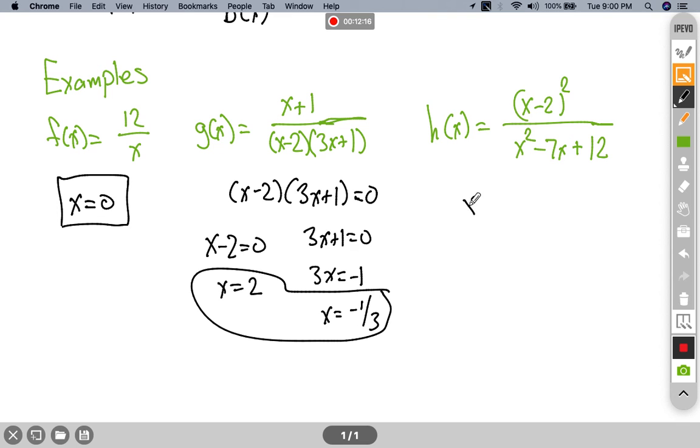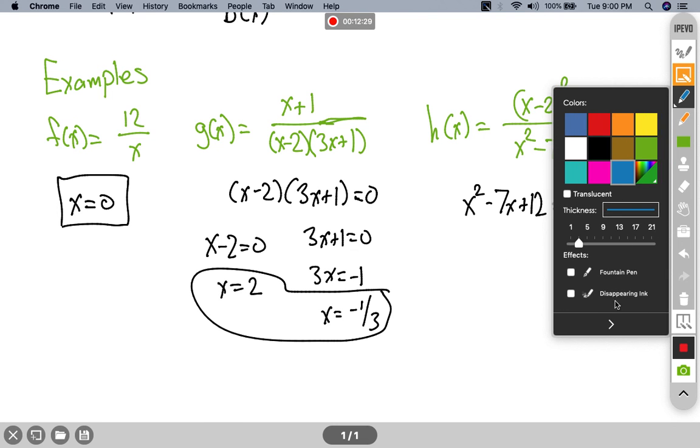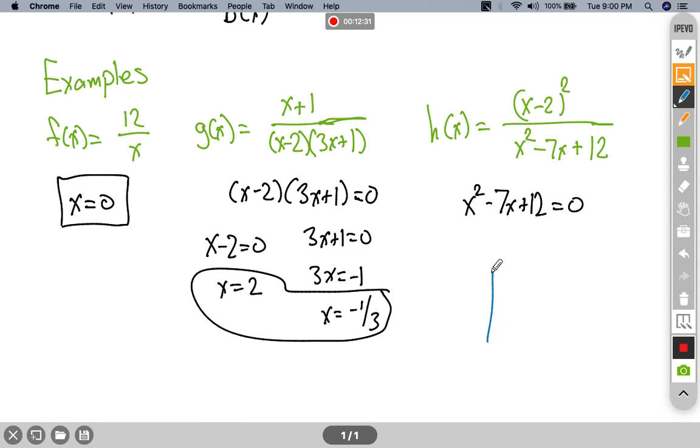Last one, we look at this one. x squared minus 7x plus 12 equals 0. Well, that's not in factored form, so let's see if we can make it that. If we come here, x squared and 12. So it's going to have to be x and x. I need two factors of 12 that get to 7.